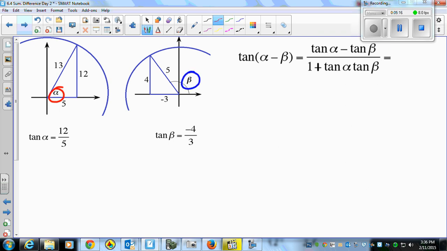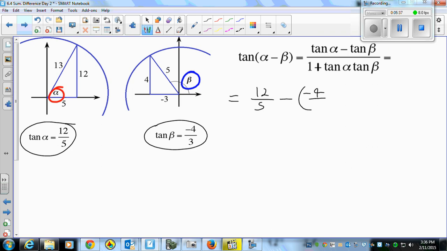So I can find my tangent functions of both alpha and beta, and I can use my sum and difference formula for these.